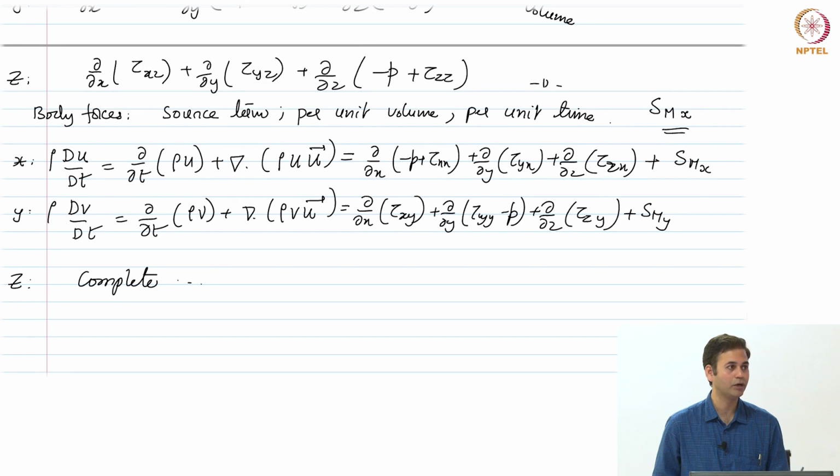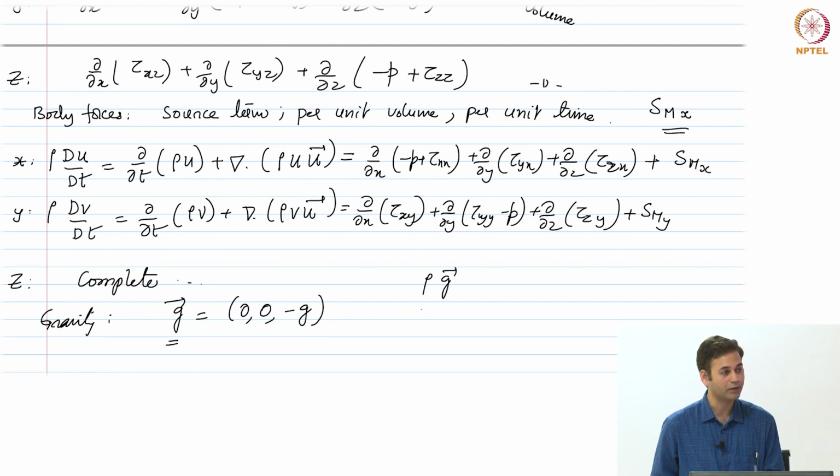So, we have this body force, let us say we have a gravity force, okay. Gravity force acting on the fluid element. For example, let us say acceleration due to gravity g bar is acting in the negative z direction, okay. This would be 0, 0, minus g. Then what would be your body force out of gravity? It would be rho g bar, right.